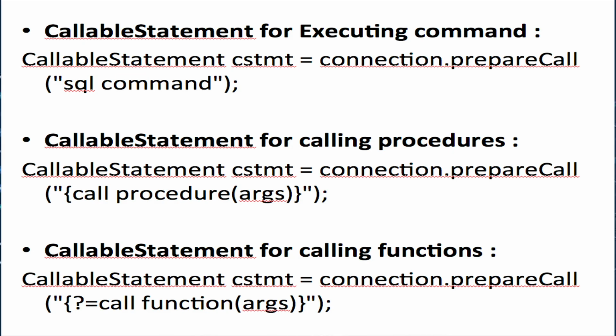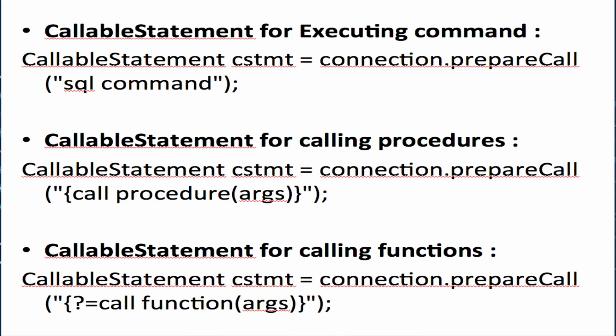We can write an SQL statement as well as a procedure here, so directly we can execute the procedure. In Oracle, you know what a procedure is. A procedure is a group of statements in one file, and if we execute that procedure at one time, then we require CallableStatement. In case of a procedure we must write the arguments.